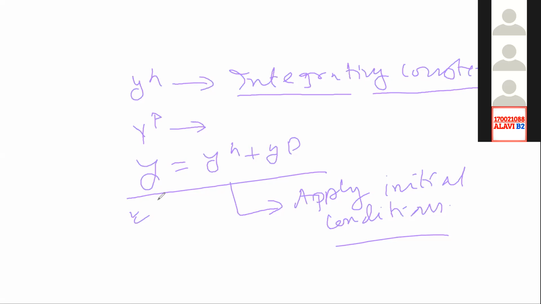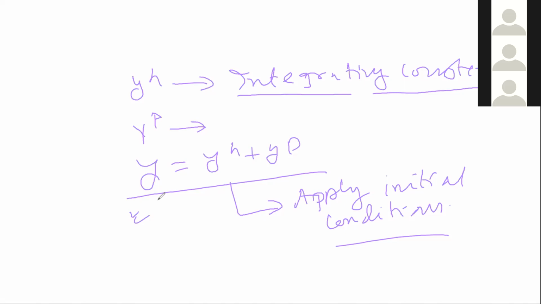Let me reiterate it, okay? So you have the total response. That total response, in terms of a solution of a differential equation, will contain principally two terms. One is YH, the homogeneous solution, complementary function, or natural solution. Another part is the particular integral. Your particular integral is the steady state solution, and your homogeneous part contains both your transient and ZIR.